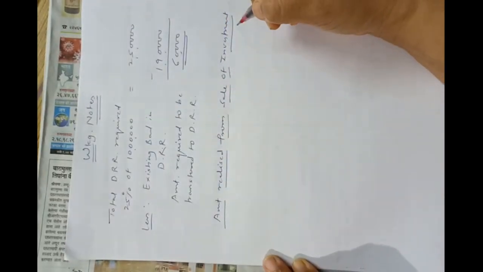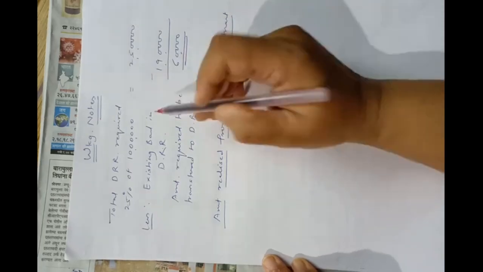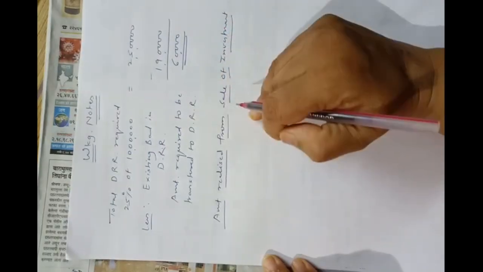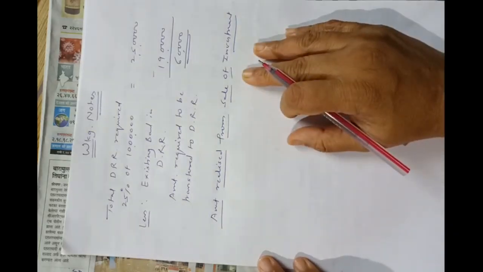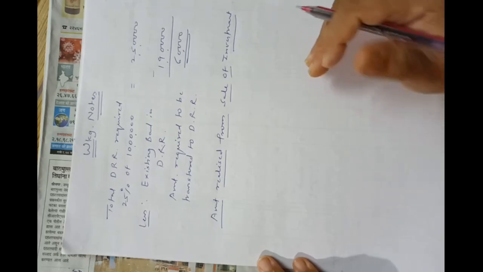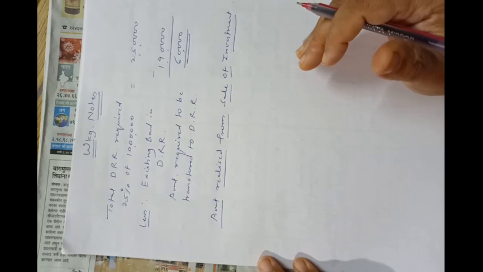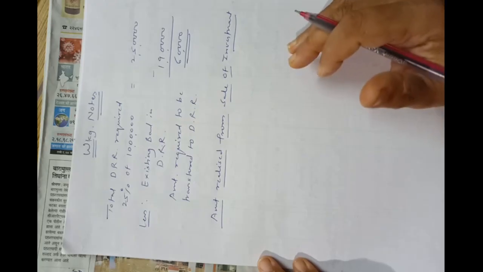This is our second working note. Here we have calculated amount required to be transferred to DRR. Now in this working note we will calculate amount realized from sale of investment. When the problem does not state the amount of sale of investment, we assume the same amount is received. But in this problem they have mentioned that the investment were sold at 104% less 0.5% brokerage.